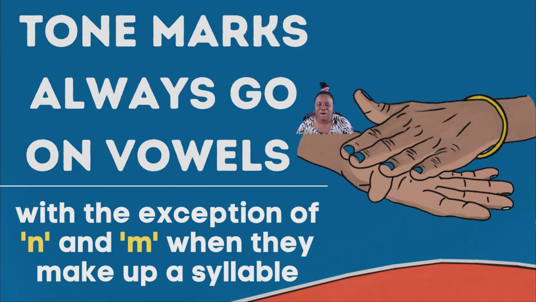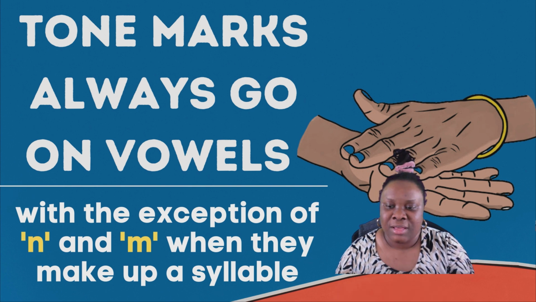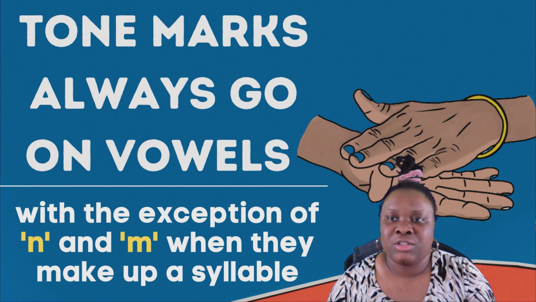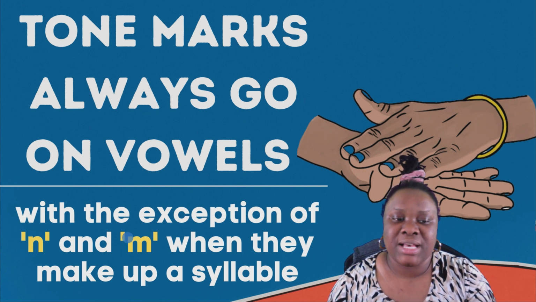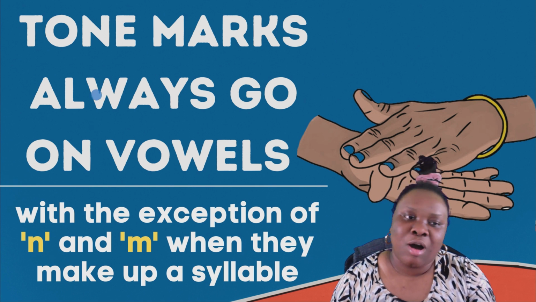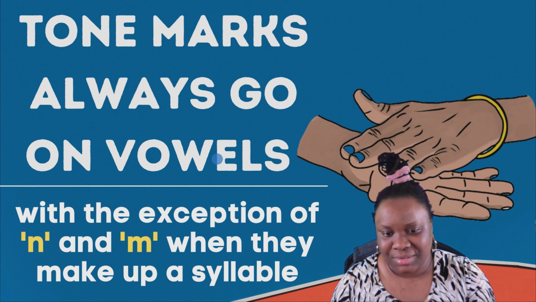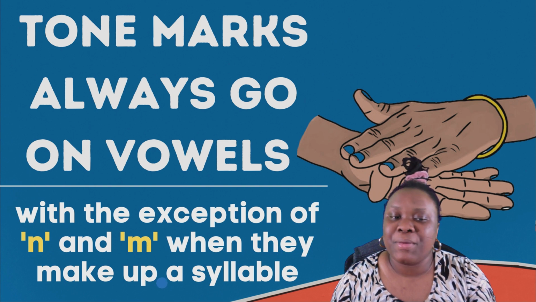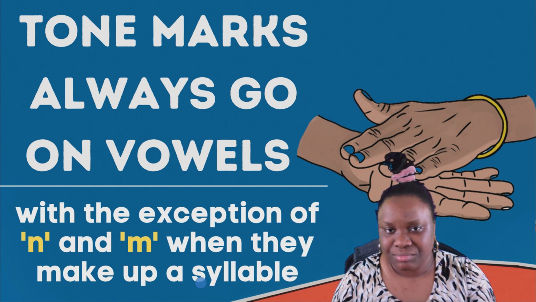Let's talk about the tone marks and the exception for this. We will talk about the vowels soon, but let me say that the tone marks always go on vowels, with the exception of ni and mi when they make up a syllable, when they are the only letter in a syllable. Why?